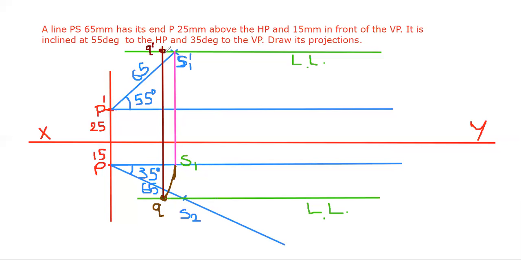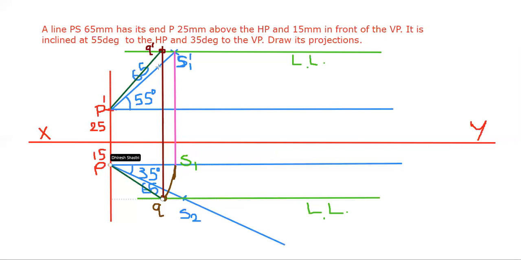Join P dash Q dash. So here we will join point P dash and Q dash, as well as join point P and Q in the top view.